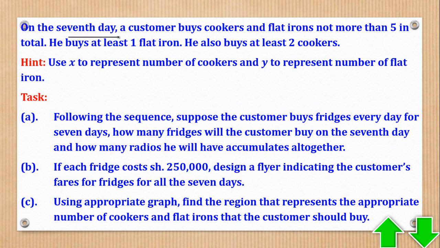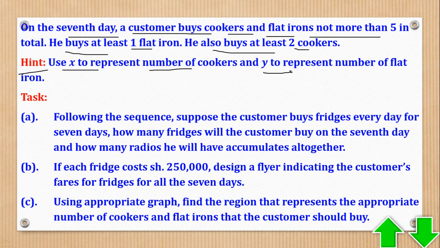On the 7th day, a customer buys cookers and flat irons, not more than 5 in total. He buys at least one flat iron, and he also buys at least 2 cookers. Hint, use X to represent number of cookers and Y to represent number of flat irons bought.